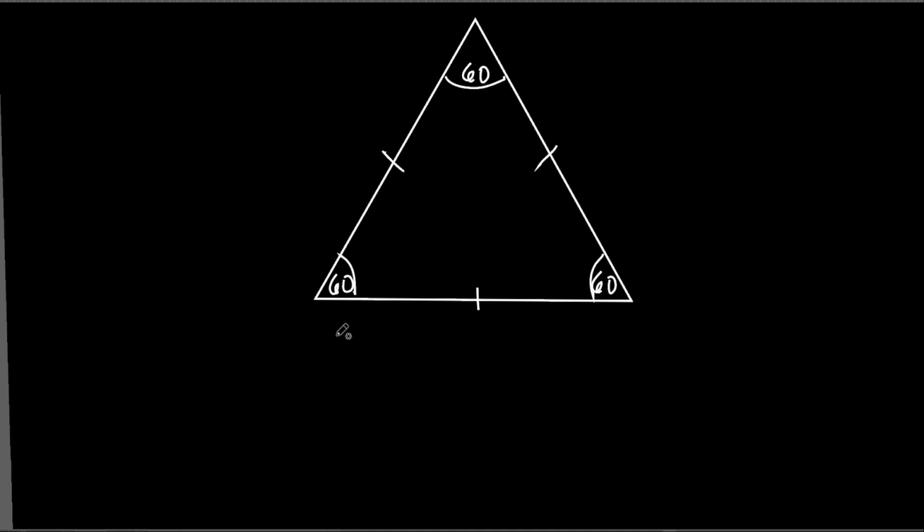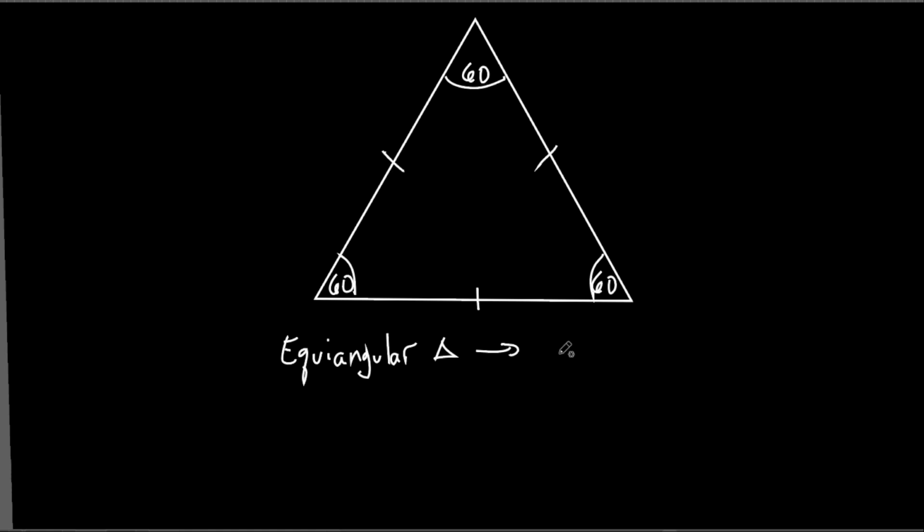When all the angles were equal to each other, what kind of triangle did we call it? We've talked about this. This is not new. If all the angles are equal to each other, we call it an equiangular triangle. An equiangular triangle is always going to be what?